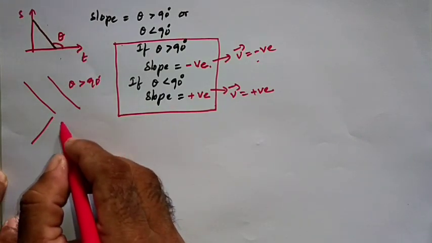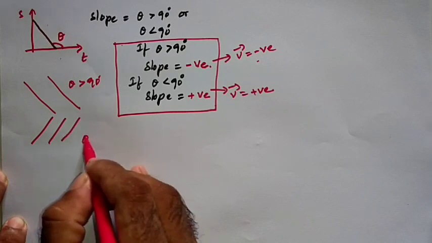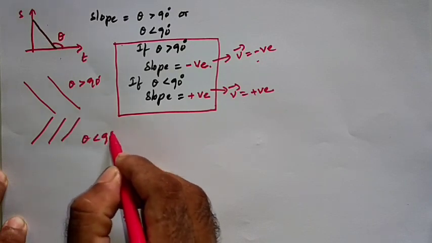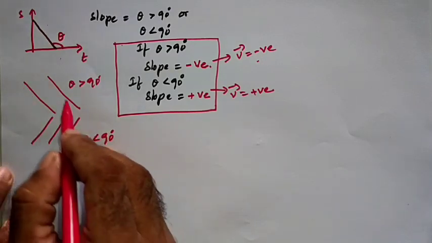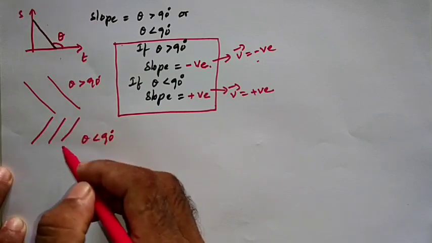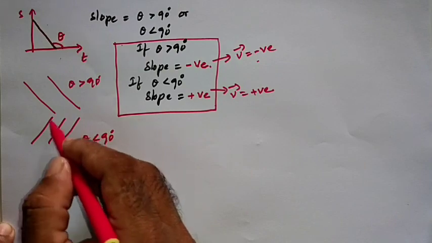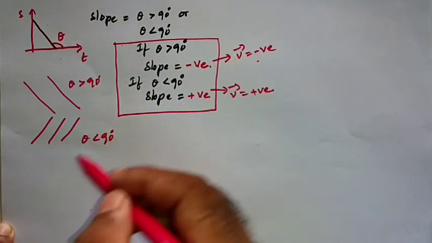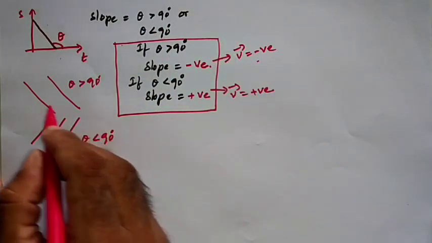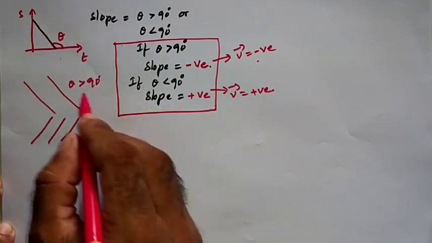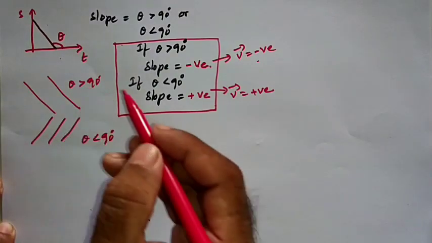If the graph slope is like this, then theta is less than 90 degrees. Remember that, forward slash and backward slash. When you draw tangents, you get backward slope for theta greater than 90 degrees, and forward slope for theta less than 90 degrees.